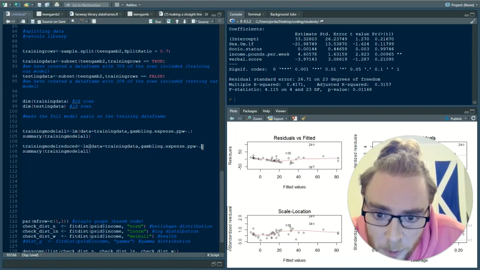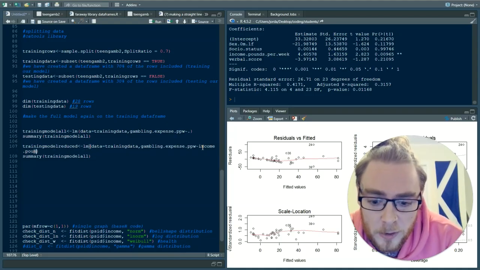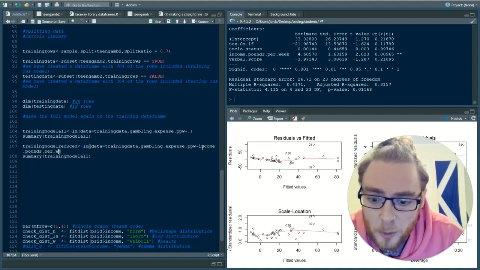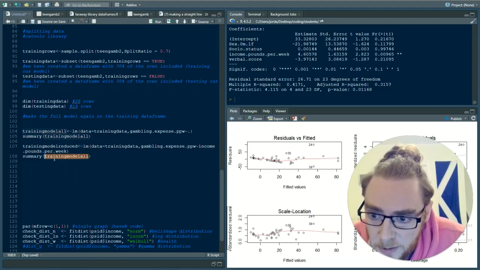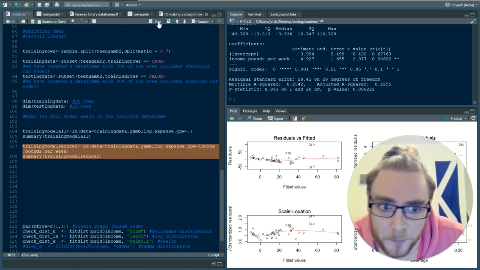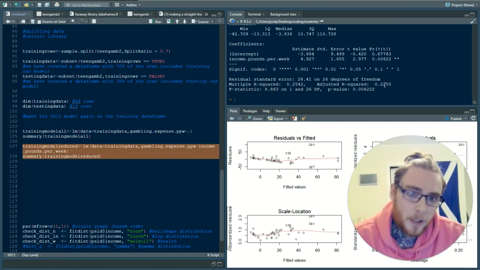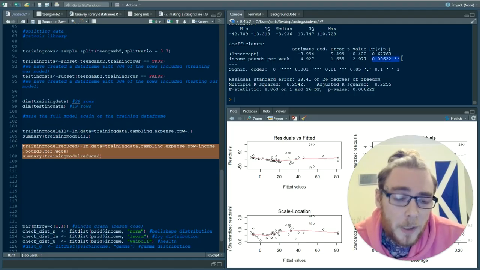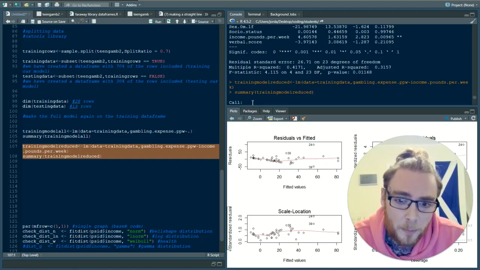Gambling expense PPW, squiggly line, income pounds per week. Okay, this model name goes here in the summary. A much lower adjusted R squared now.